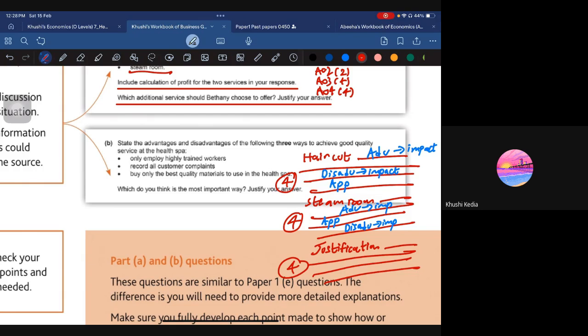Now, how they are going to mark you here, when you're talking about justification? Previously, if you remember, justification or the evaluation had 2 marks. 1 mark was basically given when you choose a side, right?